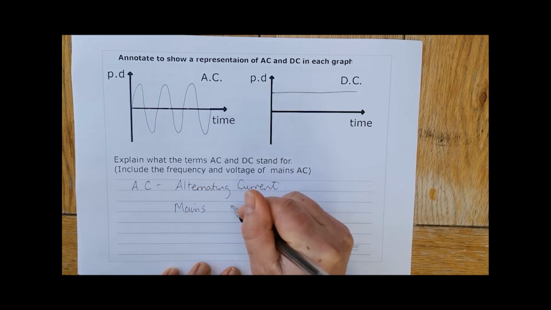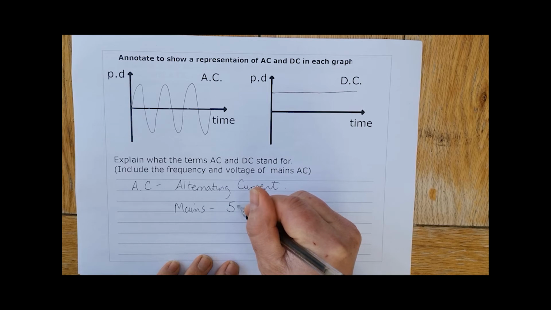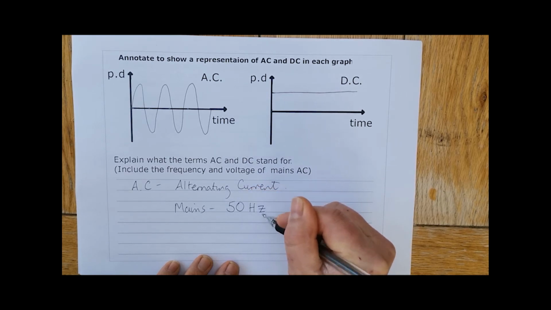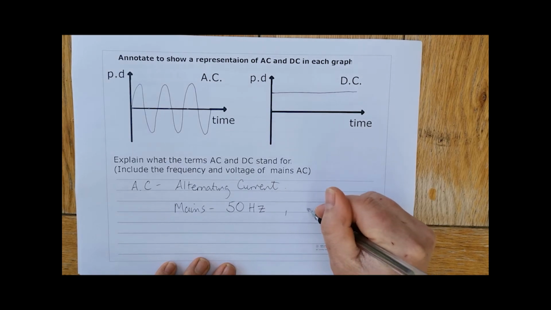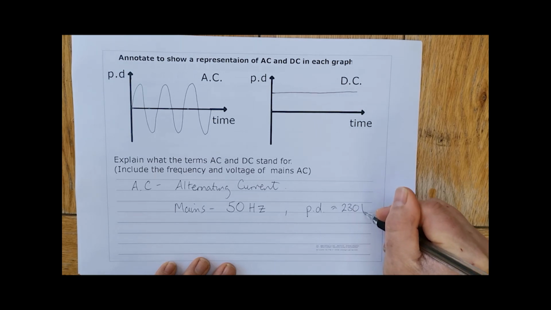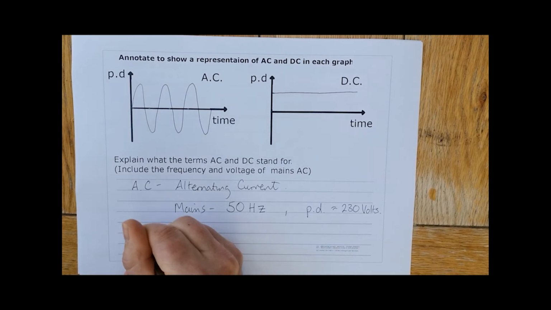Well, in the mains, you need to know that the mains has an alternating frequency of 50 Hertz. That's the frequency. So that means it changes direction of the current 50 times a second. The potential difference of the mains is about 230 volts. What does DC stand for?